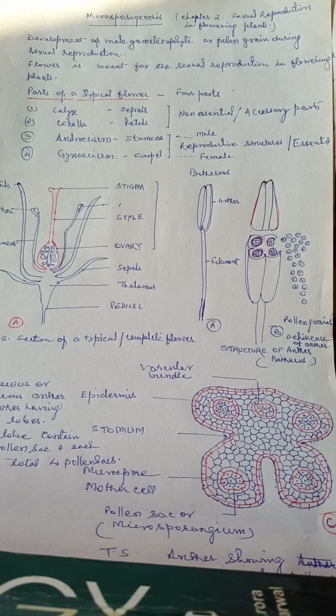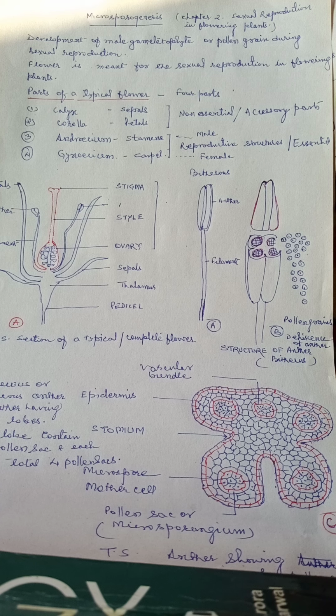The first one which I am going to explain is microsporogenesis. It is a process by which pollen grains or male gametophyte is produced in flowering plants. Before coming on to the topic, I will try to brief you about a flower.